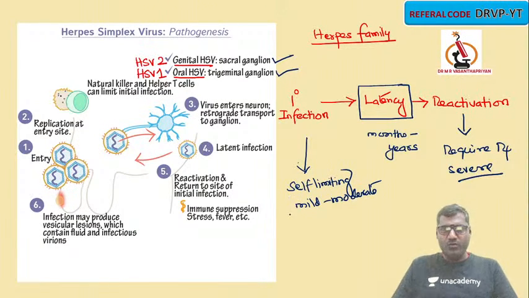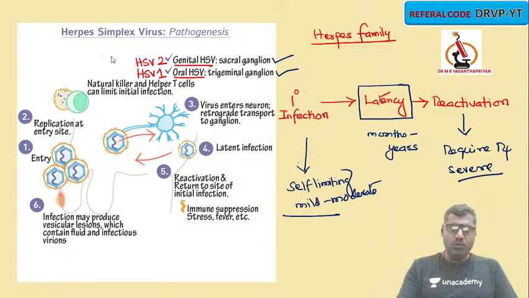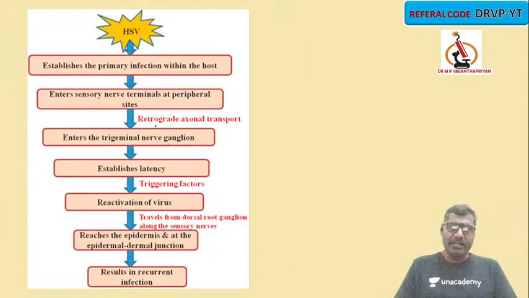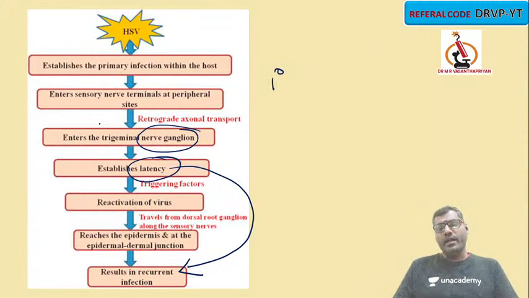So primary infections are mild to moderate and self-limiting. Reactivation is severe and requires treatment. The first classical example is HSV1 and HSV2. You can see HSV makes the primary lesion, and in the ganglion, the trigeminal ganglion, latency is established, then it reactivates into a new manifestation that is severe and painful.